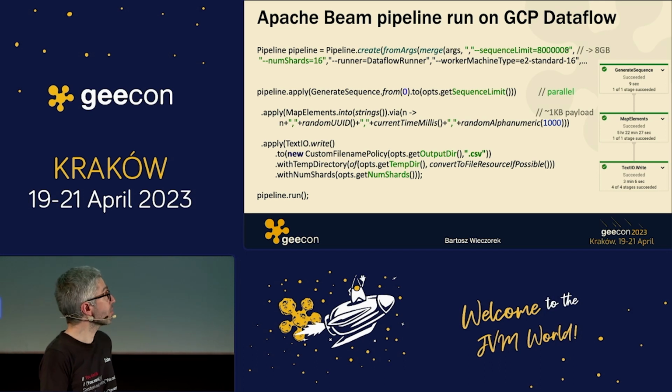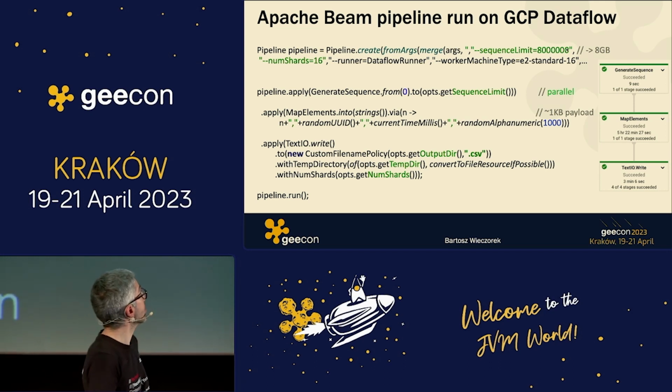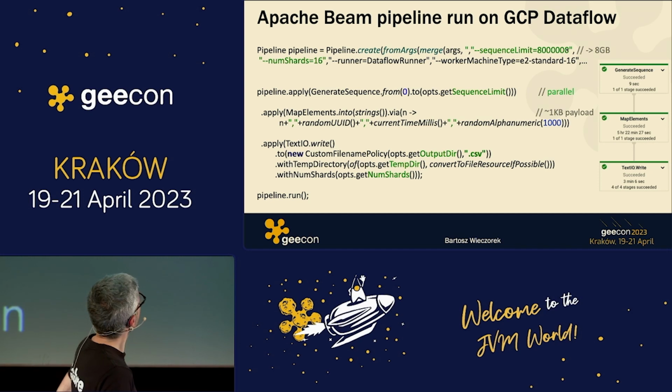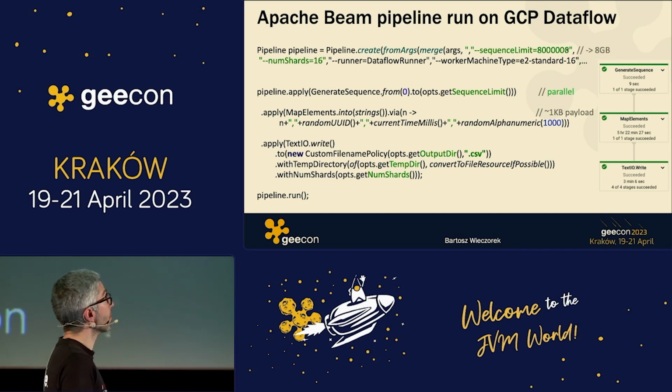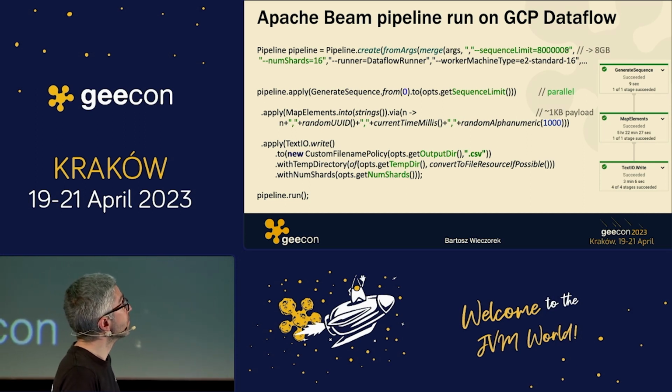If you change the sequence limit, that's a bad job. What it means in the sequence limit is that you want to store eventually on GCS 8 million messages of 1 kilobyte.